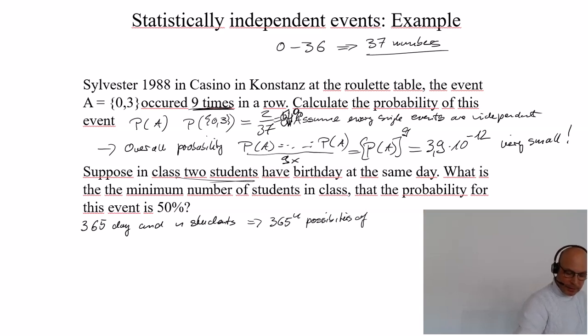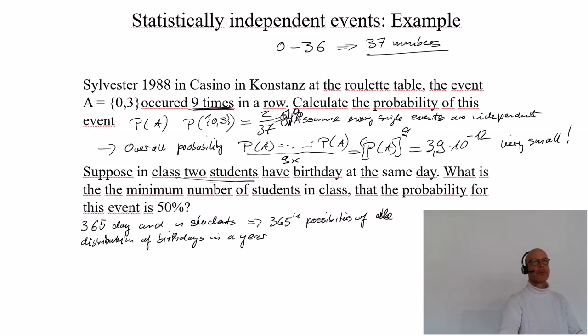of the distribution of birthdays in a year. Well, if you take just the two of us, then of course I have 365 possibilities, you have 365 possibilities.